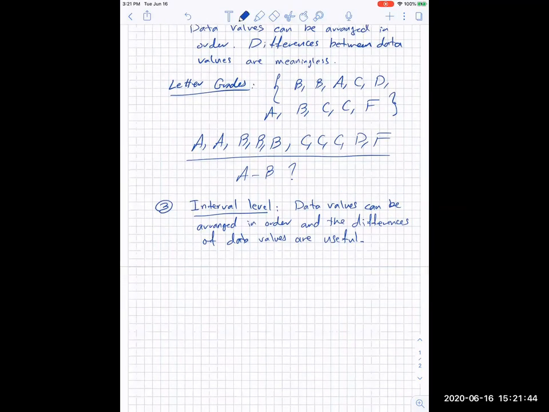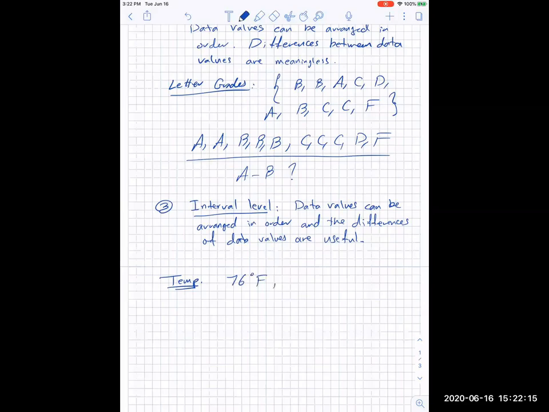Like, for example, guys, temperature. Let's say I'm going to collect sample data on temperature for the last few days. Let's say 3 days ago, the temperature was 76 degrees Fahrenheit.